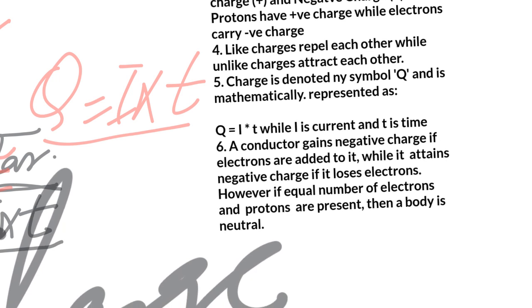A conductor gains negative charge if electrons are added to it. If you have any matter and you add electrons to it, it will gain negative charge, because electrons have negative charge, so they will make the conductor a negatively charged body. But if it loses electrons, if it gives out electrons, then it will attain positive charge.